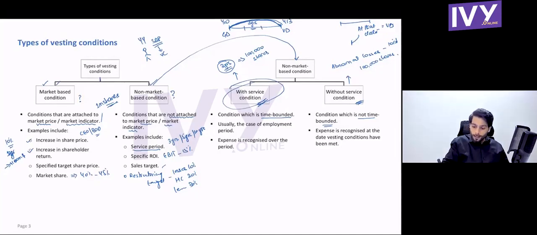In the second year, 2/3 of the expense must be booked. And in the third year, 3/3 of the expense must be booked, because in 3 years, the organization will benefit. So in with service condition transactions, since it is a time bounded transaction, the expense of share-based payment should also be recognized based on that time period.